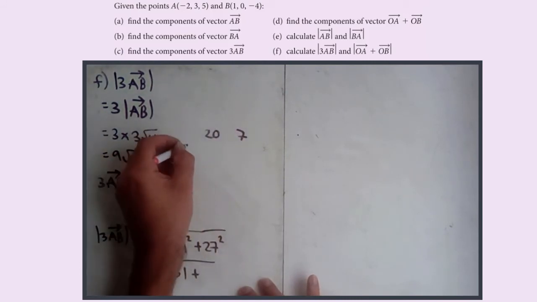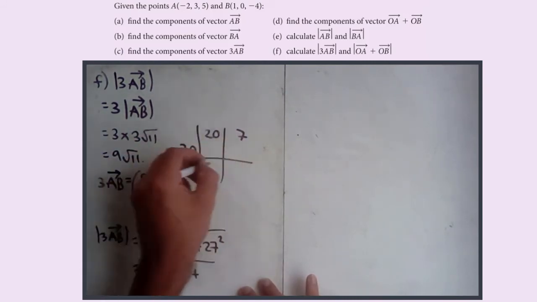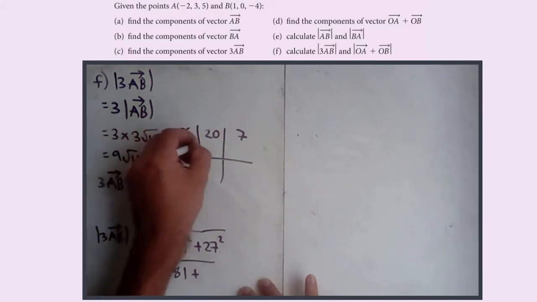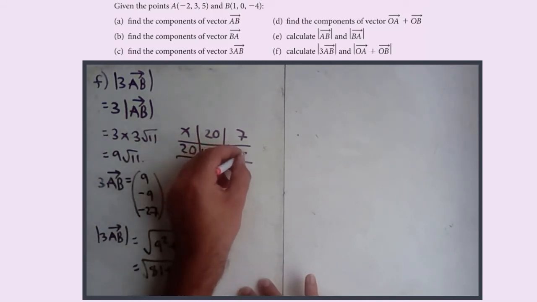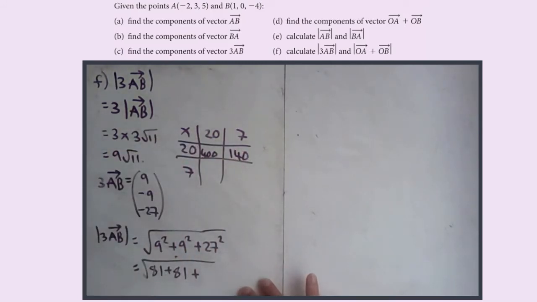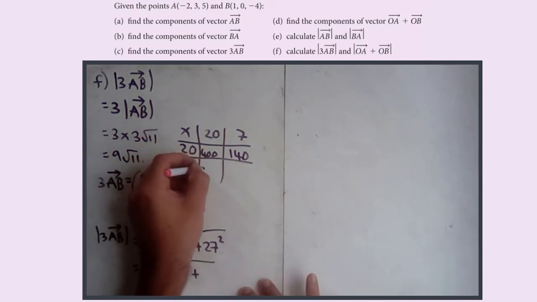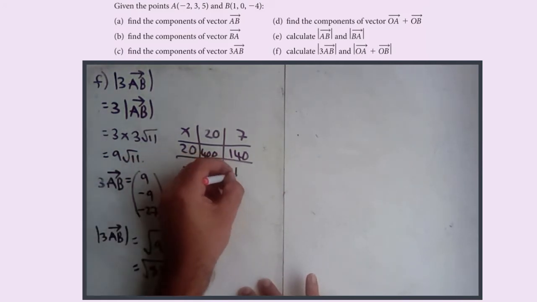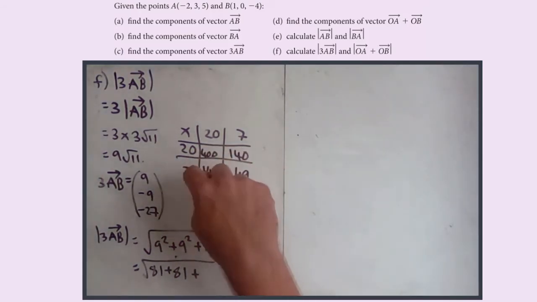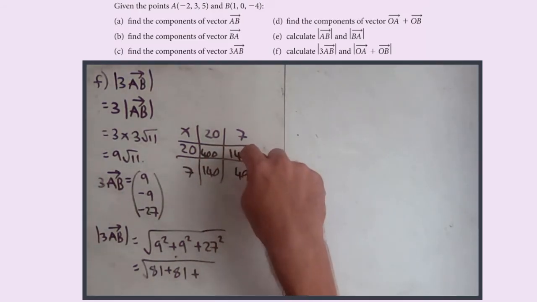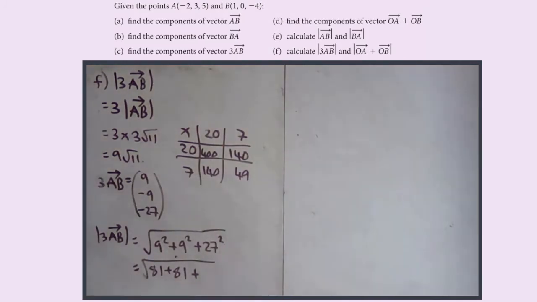So 27 times 27: 20 times 20 is 400. 20 times 7 must be 140. 20 times 7 is another 140. 7 times 7 is 49. If we add all of those up, you've got 400, 500, 600, 680, 729.